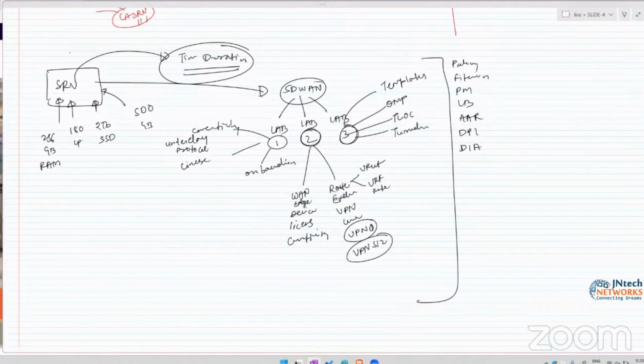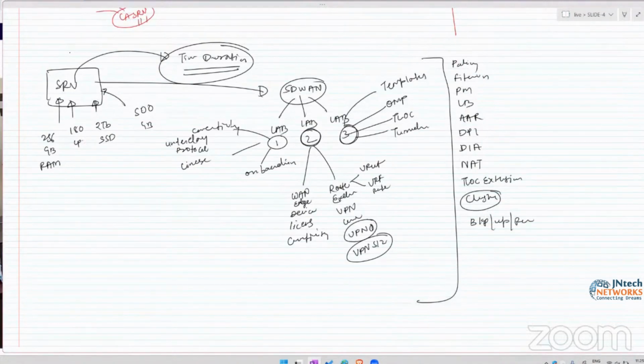And then we also discuss one more thing: the NAT concept, TLOC extension. Then we discuss a very important cluster concept. Then how to back up, upgrade, or restore scenarios.